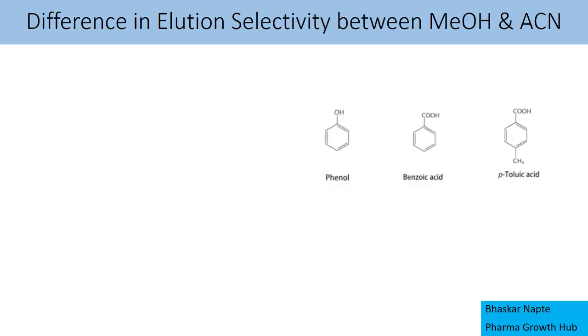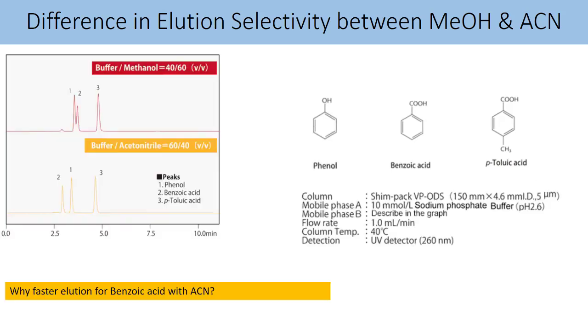The next important point is the difference in elution selectivity between methanol and ACN. I am going to explain this different selectivity based on the elution of phenol, benzoic acid and para-toluic acid. The mobile phase used for methanol is buffer methanol 40:60 volume by volume, and for ACN it is buffer ACN 60:40 volume by volume.